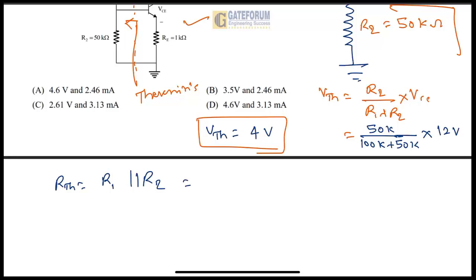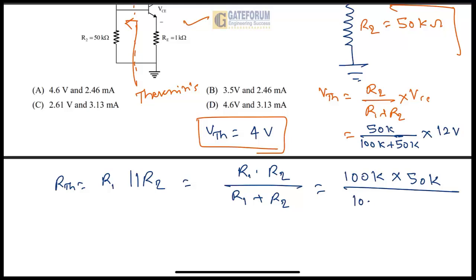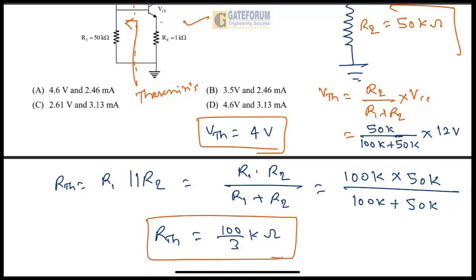It means this will be R1 into R2 divided by R1 plus R2. So R1 is 100k into R2 is 50k, divided by 100k plus 50k. So this will become 100 by 3 kilo ohm. So we got this RTH value as 100 by 3 kilo ohm.